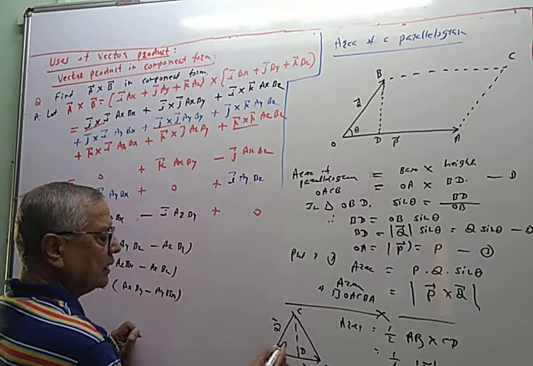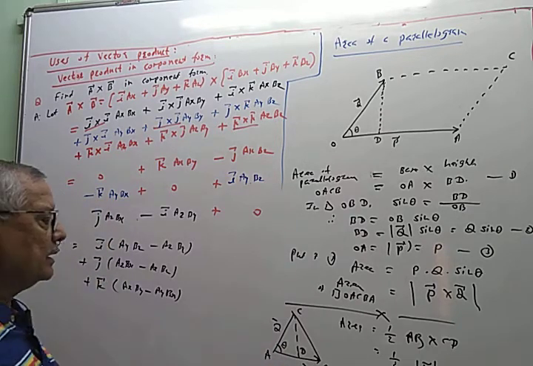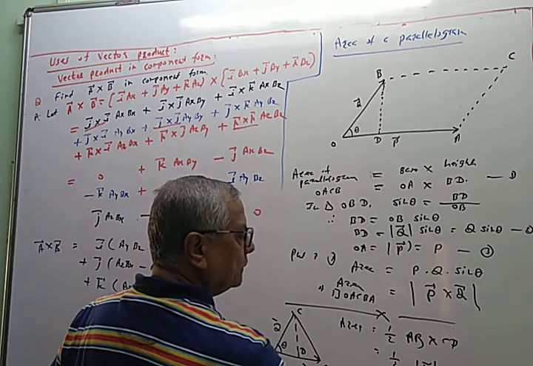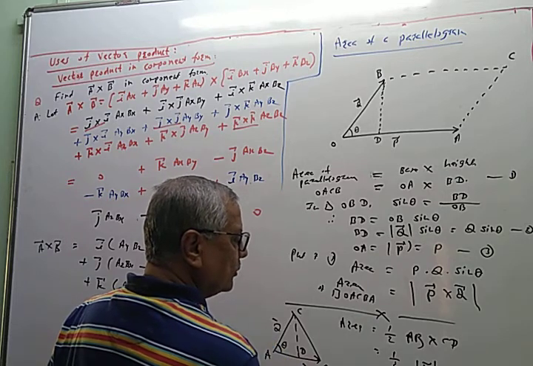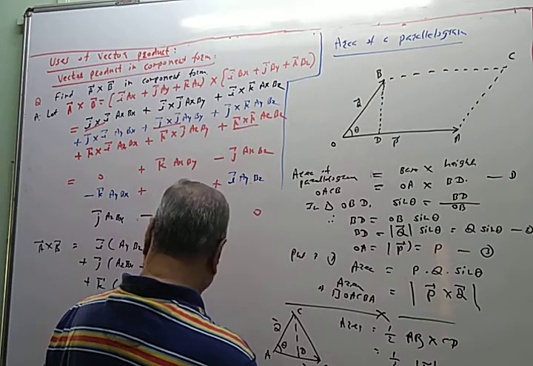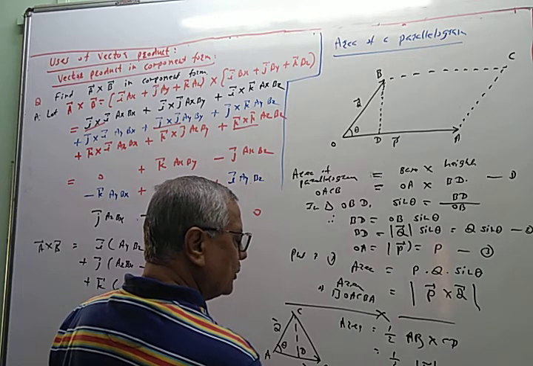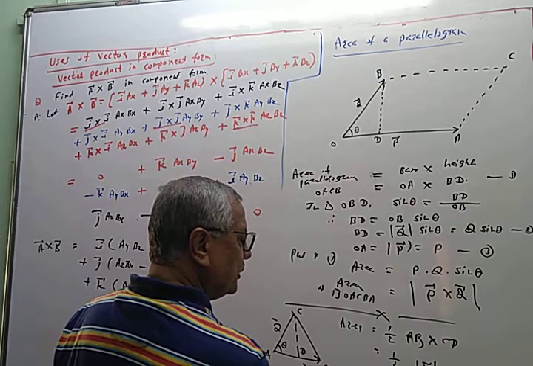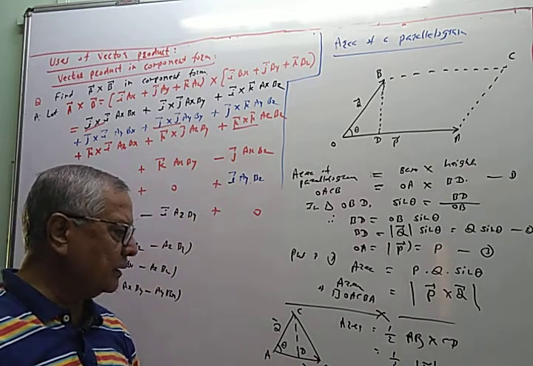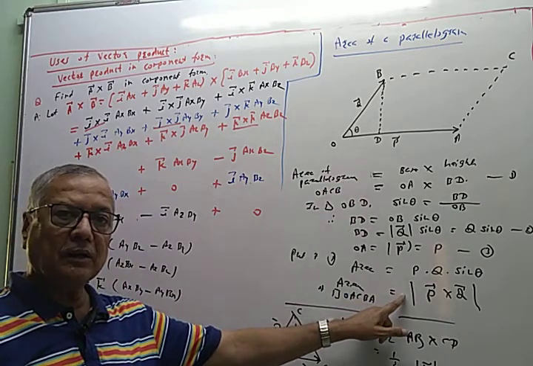Again, if this angle is theta between the two sides, if this is an equilateral triangle, then theta will be 60 degree. So this is equal to Q sin theta. So that is equal to 1/2 P into Q into sin theta, and therefore this is equal to 1/2 multiplied by the magnitude of vector product P and Q. If P and Q represent the two sides of the triangle, then area is given by 1/2 multiplied by the magnitude of the vector product. For parallelogram, there is no 1/2 factor.